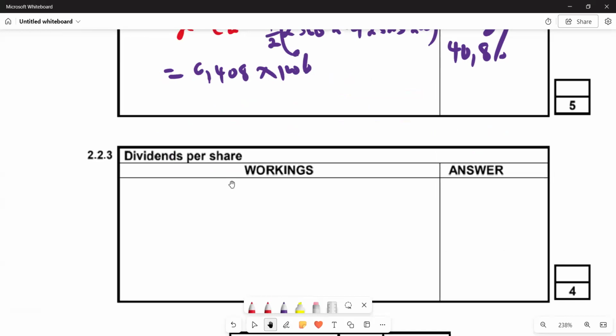Dividend per share. So for dividend per share, we've got two ways that we can use to get it.